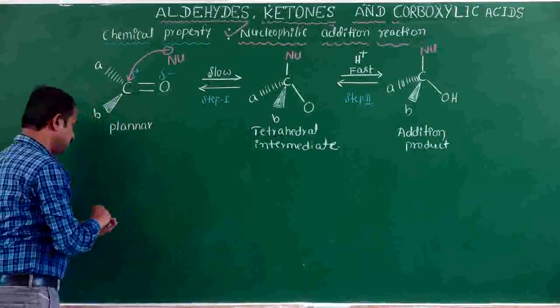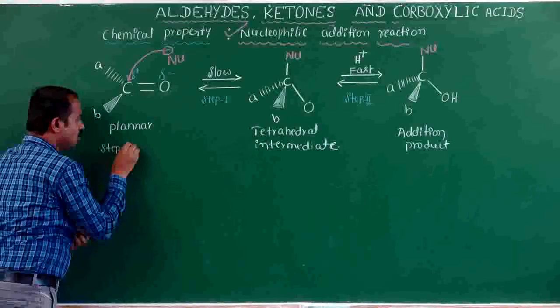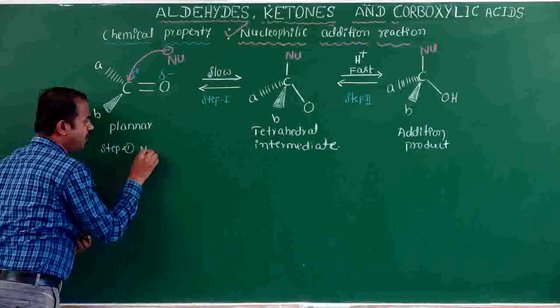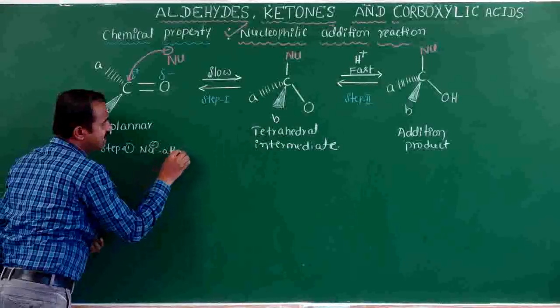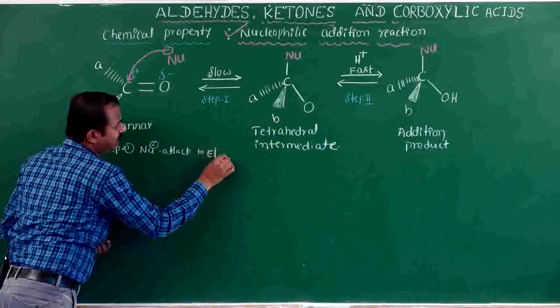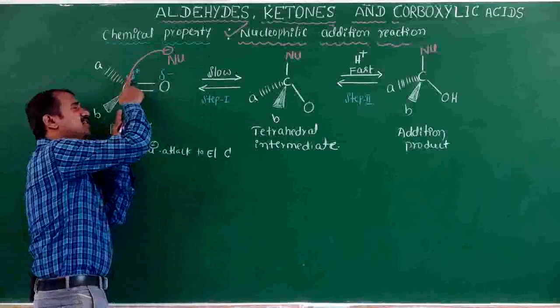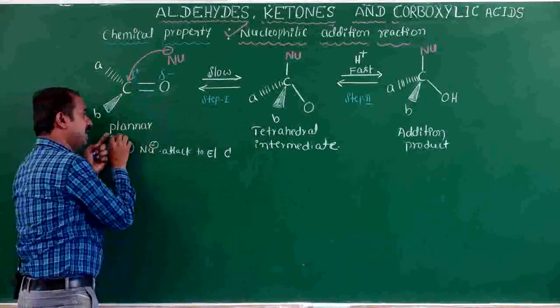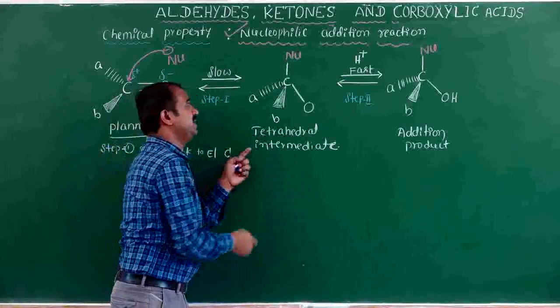Step one, first point: the nucleophile is attached to the electrophilic carbon atom. When the nucleophile is attached to the electrophilic carbon atom, the planar structure is converted to a tetrahedral intermediate.